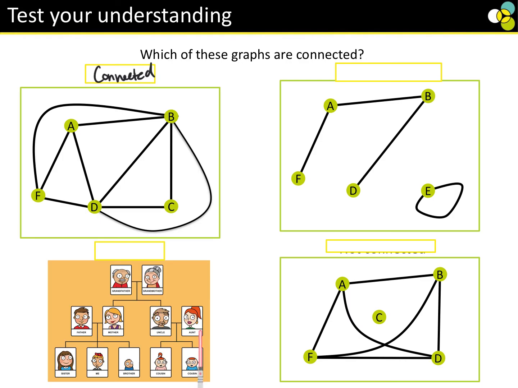Again, every node here is connected by some vertices. If we look at this one, E is not connected to the rest of the graph. Okay? This is a not connected graph. And then for the last one, we can also see that C doesn't actually have any arcs. This is also not connected. So nice and simple for everyone.